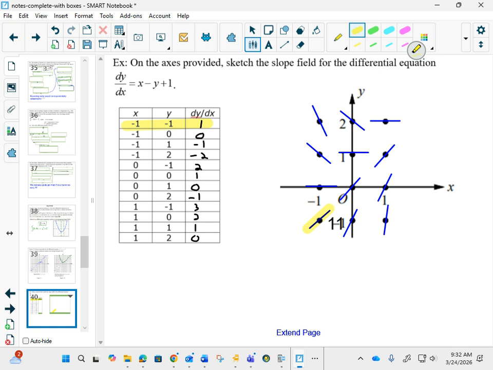I go to my point, -1, -1, because that's my x-coordinate and my y-coordinate. I found out my slope is 1, so I drew a little mini slope with a slope of 1. 0, 0 is an easy one to pick out. When I plug in 0 and 0, I also get 1. It ends up having the same slope as that yellow one.